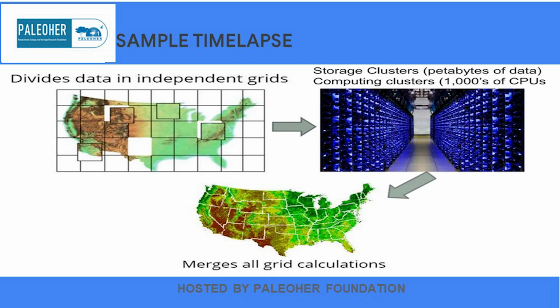Whenever all the grids have completed their process, they merge and give you the output. This is also known as parallel processing, where each grid processes in parallel with the other grids. It is very efficient because the time is reduced by a very high rate.